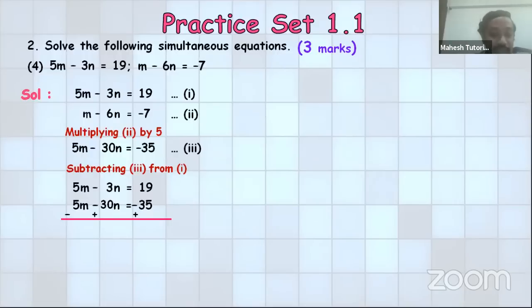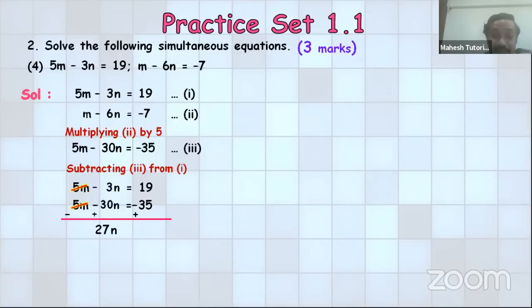Okay. So moving further, now tell me here, plus 5m and minus 5m will get cancel. Now look at here, students, very carefully. 3n का sign is minus. 30n का sign is plus. Minus plus, what do we do? Minus. So 30 minus 3 will give me how much? 27n.